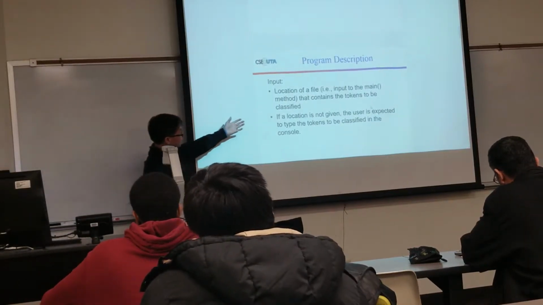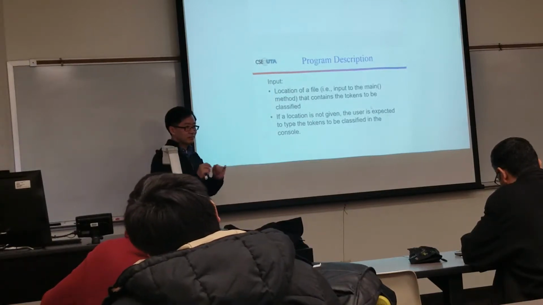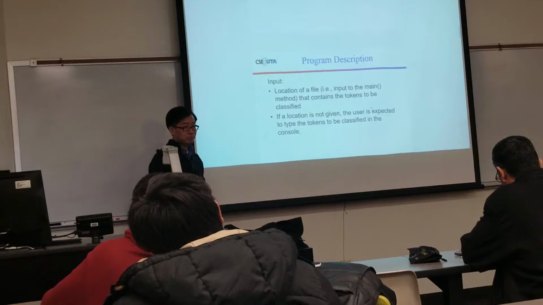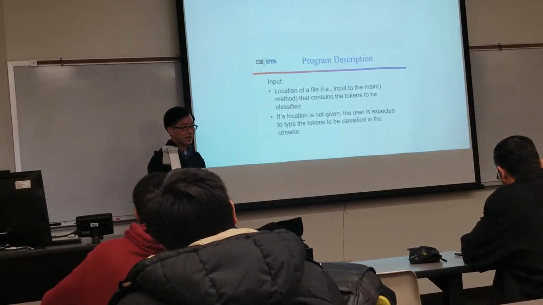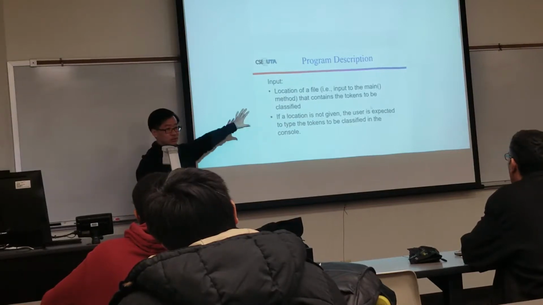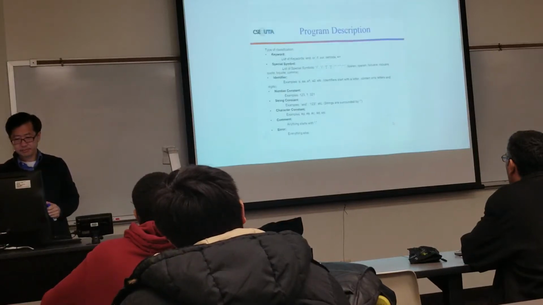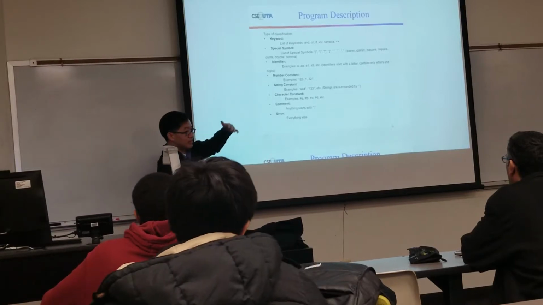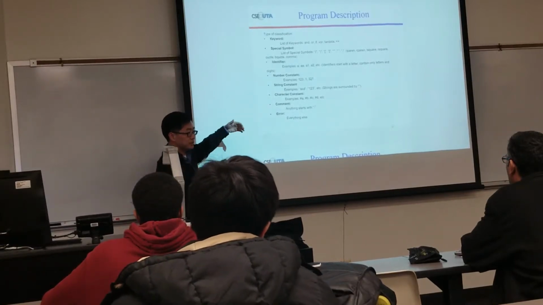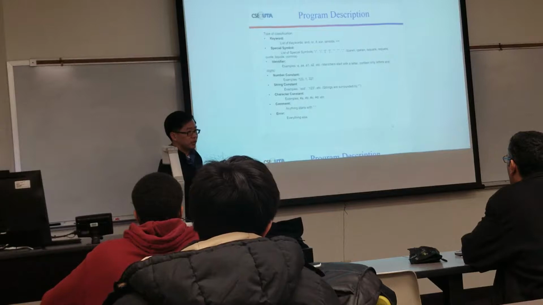So either you provide a file, or if you do not provide a file, then you can provide the input on the console, just like you type on the command prompt. So that's two ways to use the program. Then the program is going to process the input you provide and try to identify the different types of tokens that may appear in the input.